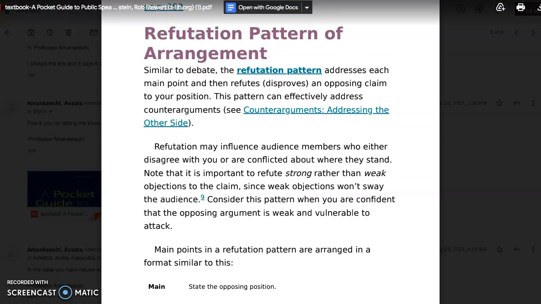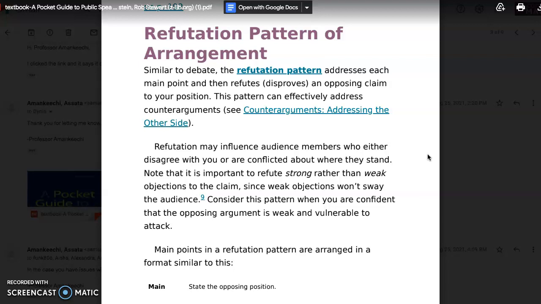The next pattern is a refutation pattern of arrangement. A refutation pattern addresses each main point and then refutes an opposing claim to your position. This pattern can effectively address counter arguments. Refutations may influence audience members who either disagree with you or are conflicted about where they stand. So this would be really good if most people in your audience would disagree with your claim, and you're trying to convince them to now agree with your claim.